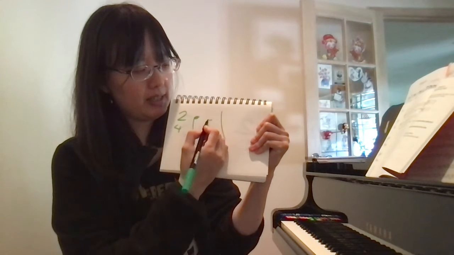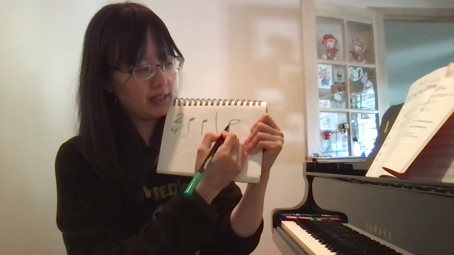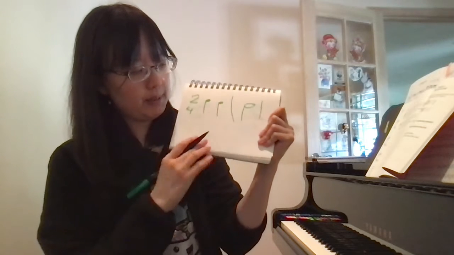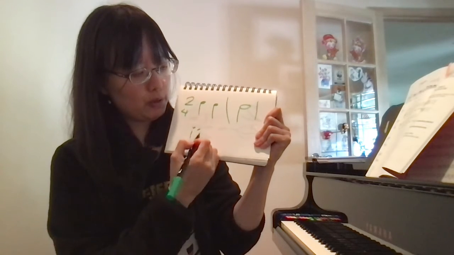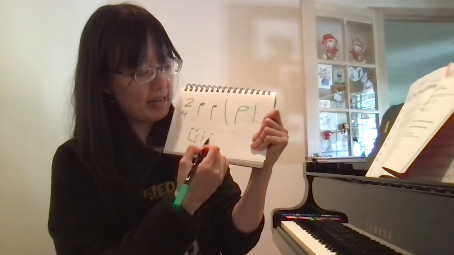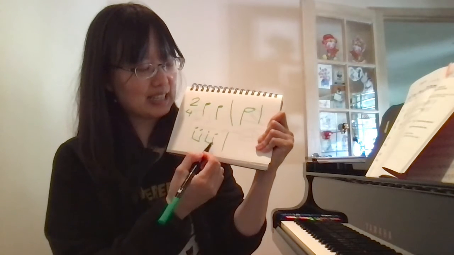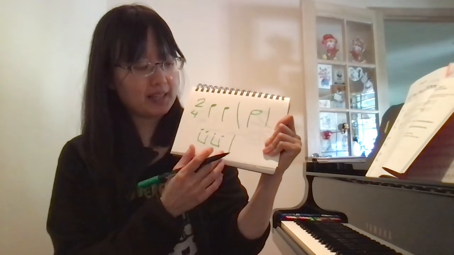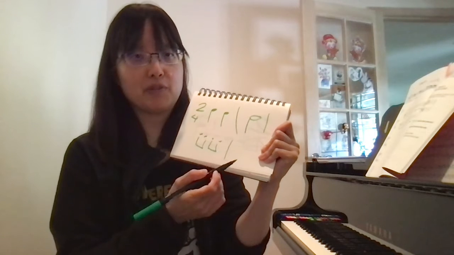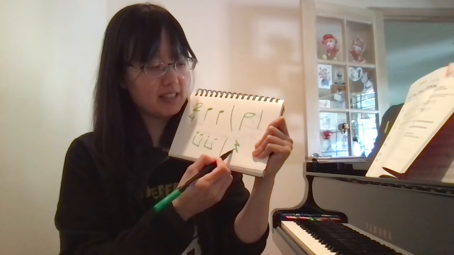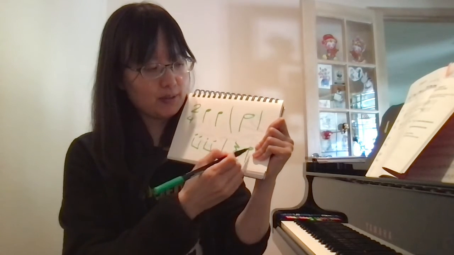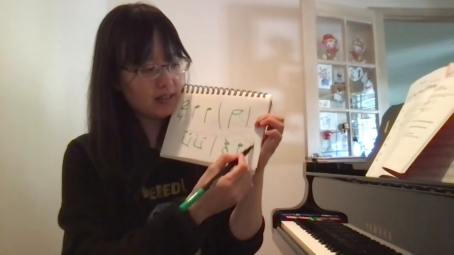It could be like this, it could be like that, it could be 4 eighth notes, or any combination as long as it adds up to 2 quarter notes worth of time. You can even have a rest and a note. That's a quarter rest, so that's that.